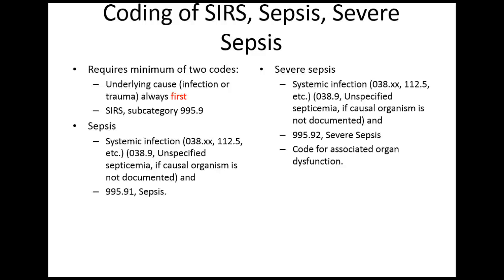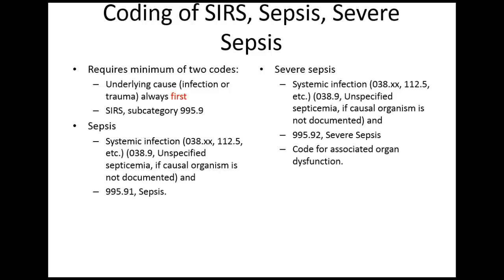The terms septicemia and sepsis are not synonymous, although they are often used interchangeably by providers. Other conditions to know are systemic inflammatory response syndrome, SIRS, which is a systemic response to infection, trauma, burns, or other insult or injury such as cancer, with symptoms including fever, tachycardia, tachypnea, and leukocytosis.